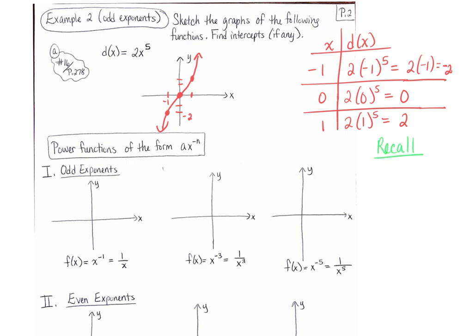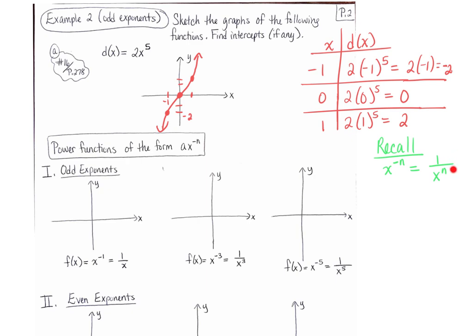If you have x to the negative n, that's the same thing as 1 over x to the n. So when you're graphing f of x equals x to the negative 1, x to the negative 1 is the same thing as 1 over x using this rule.